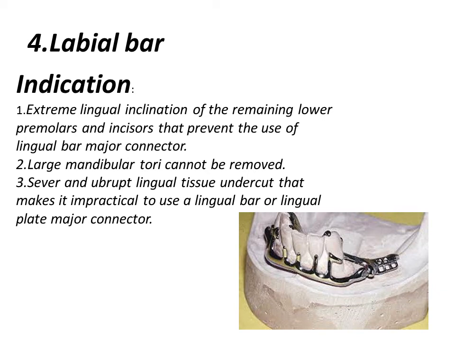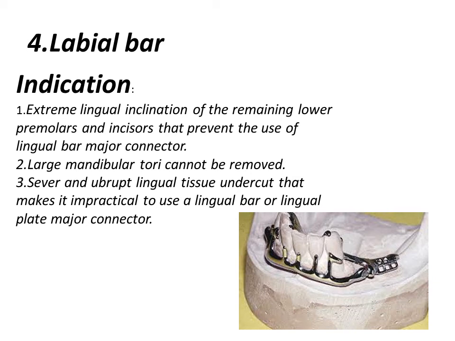Number 2, in case of large mandibular tori that cannot be removed, as we said, for patients that are compromised and cannot go through surgical treatments and have a tori, we can use this type of major connector.